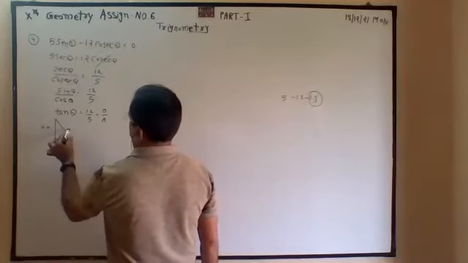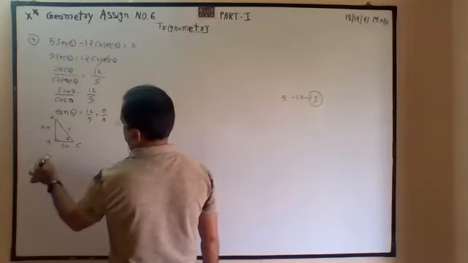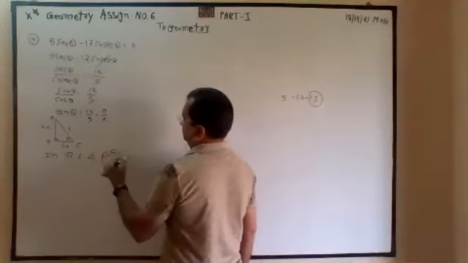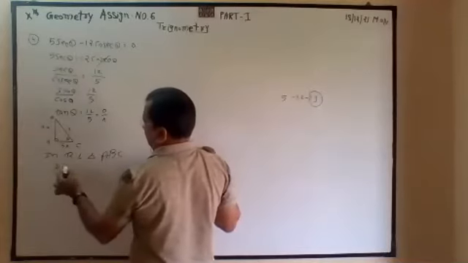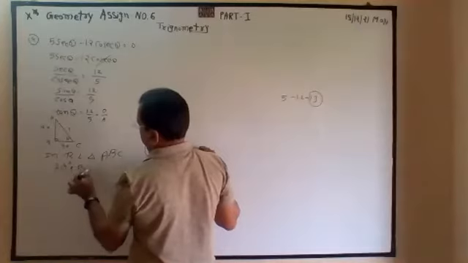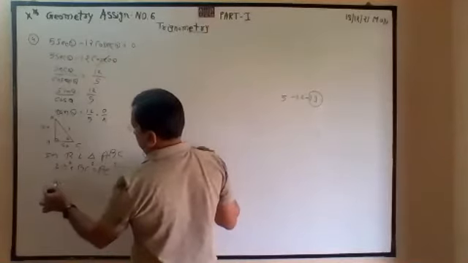This is the question. That is A, B, C. In right angle triangle ABC, x you have to substitute. AB square, BC square, AC square.